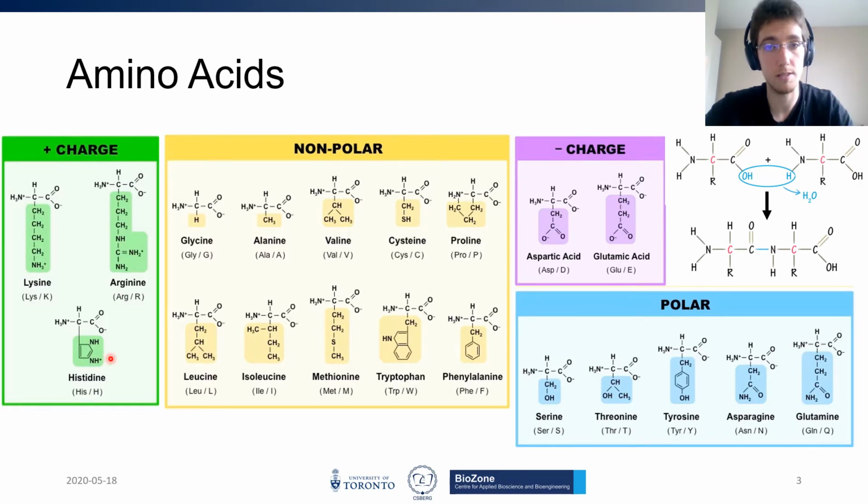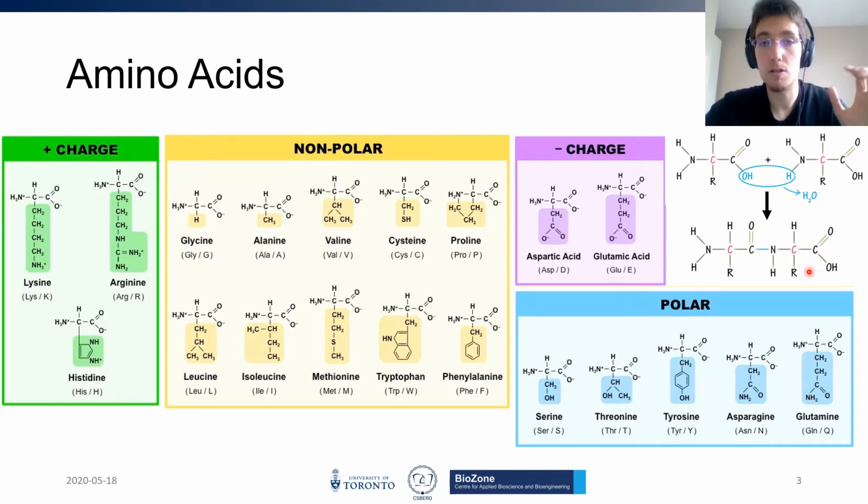So any one of these could be considered an R group. It's just shown as an R group here because it's a lot easier when you're discussing a peptide bond. Another important note about the peptide bond is that you'll see one side has a nitrogen and the other side ends with a carbon. So these are respectively called the N-terminus and the C-terminus, which makes a lot of sense.